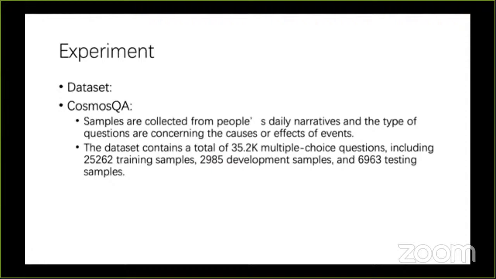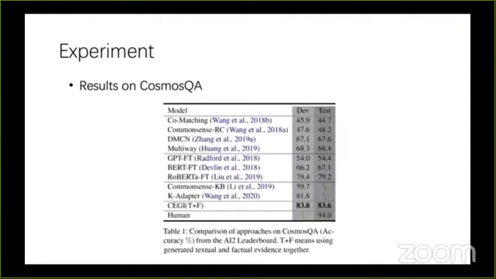The dataset contains 25.2 thousand multi-choice questions. We compare all the baselines. Our proposed model, SIGDIAL, which uses both text and fact evidence, has the highest accuracy on both the development and test sets. The baselines were split into 3 groups.